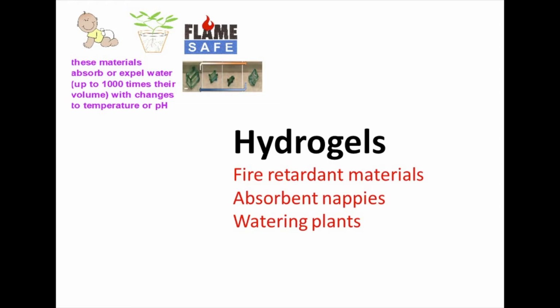So it won't allow the fire to spread through the rooms. And also there's a picture of a plant there. You can buy these hydrogels and you fill them or add water to them and they'll expand, and you can put them in the soil in your plants, and your plants will stay hydrated for a week or a fortnight. So if you went on holidays, you wouldn't have to worry about water in them.